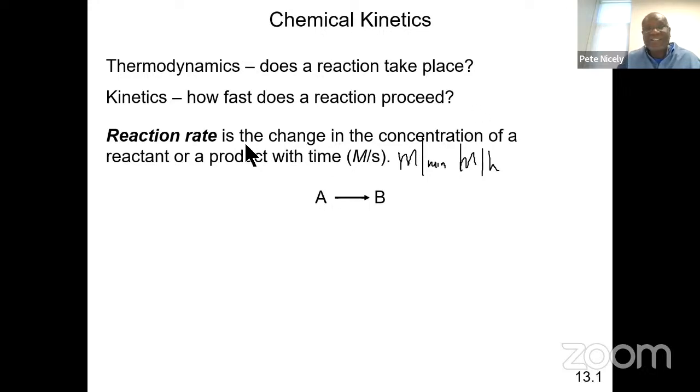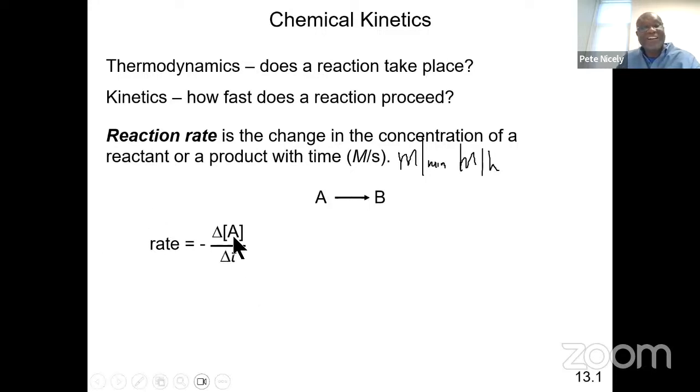So let's say we have a hypothetical reaction A going to B, all right? Very simple reaction. Then we can express the rate of the reaction in terms of the change in the concentration of the reactant A, all right? And that is represented by what you see right here. So I don't know if you're familiar with this symbol in math, this small triangle. It's actually a Greek letter, delta, right?